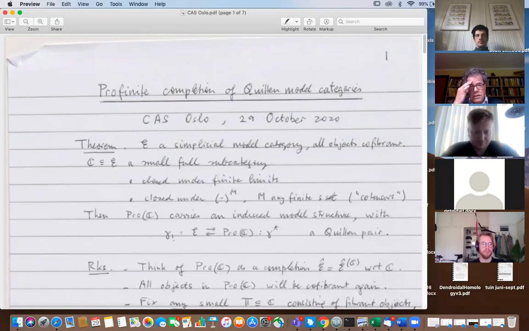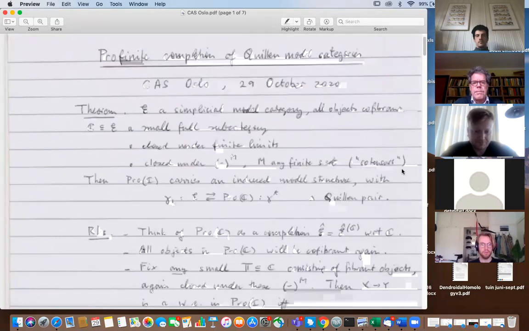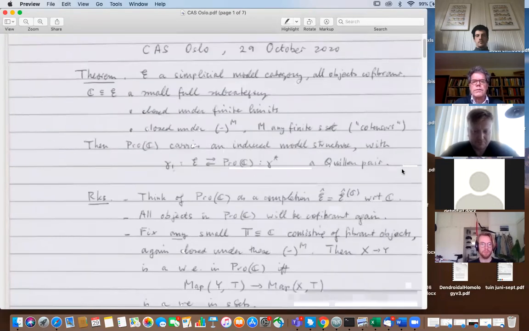And the model structure, here are some remarks about it. First of all, it will again have the property that all objects are cofibrant. And secondly, there will be a specific and explicit description of weak equivalences. Namely, you should fix some set of objects, because C is small, T in C, T for test objects, and assume these are again closed under cotensors with finite simplicial sets.